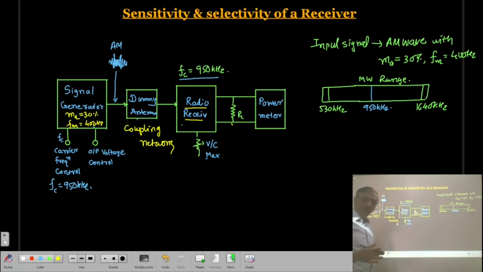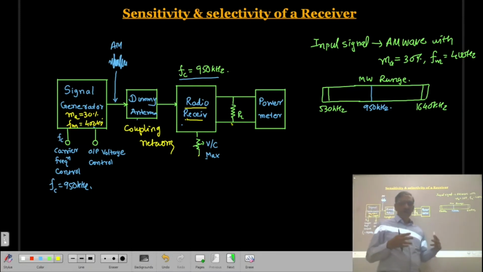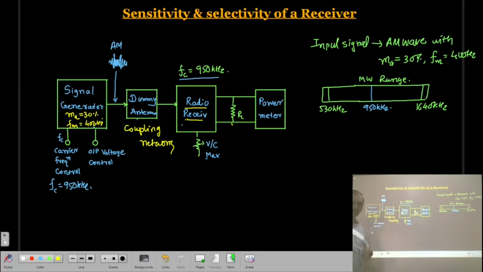So without loss and without distortion, the signal has to transfer from the signal generator to the radio receiver. To match the impedance between the two instruments, the dummy antenna is connected. It is a kind of impedance matching device like a transformer. So without any loss, the signal is given to the radio receiver.